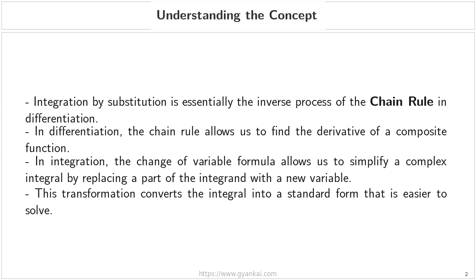We aim to get to an integral that we immediately recognize how to solve, using our basic integration rules. We'll see this in action on the next slide with a concrete example. But the key takeaway here is that the change of variable formula isn't just a trick. It's fundamentally connected to the chain rule, and it's about cleverly simplifying the integral to make it solvable.